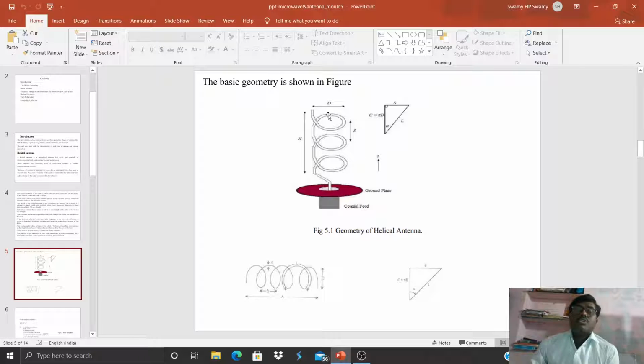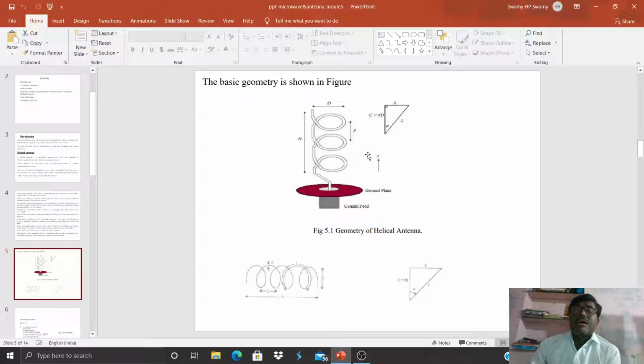The diameter of the spring is called D. The space between one coil and another, measured from the center of one ring to the center of the next, is called S. The height of the helical antenna, from one end to the other, is called H. It is fixed parallel to the Z direction.